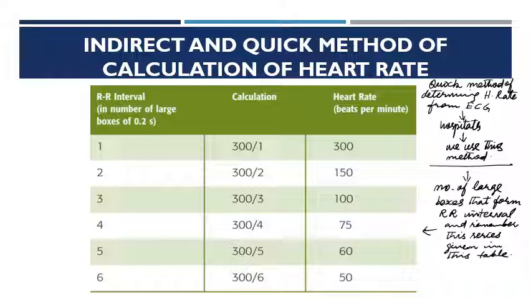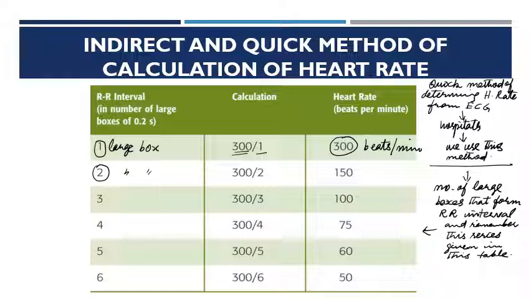For example, if there is one large box that forms the RR interval, then divide 300 by 1 and it gives heart rate of 300 beats per minute.